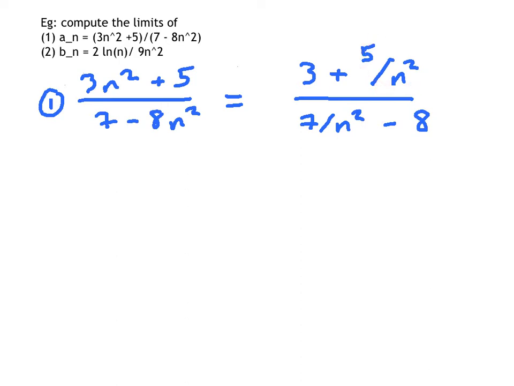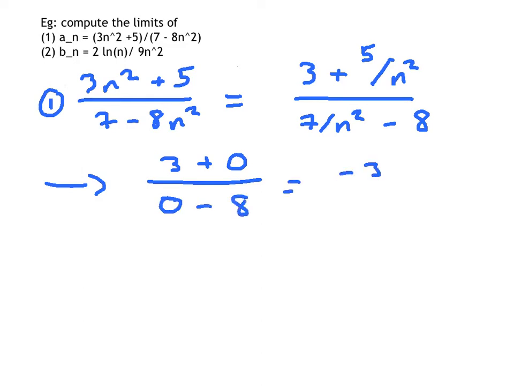So by the rules that we saw on the previous slide, this sequence is going to converge to 3 plus 0 divided by 0 minus 8, so negative 3/8.